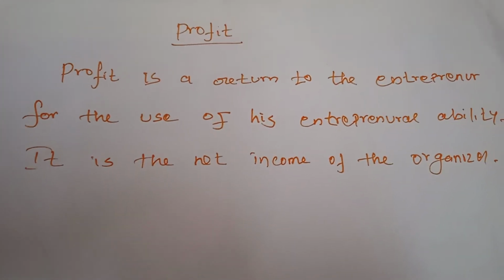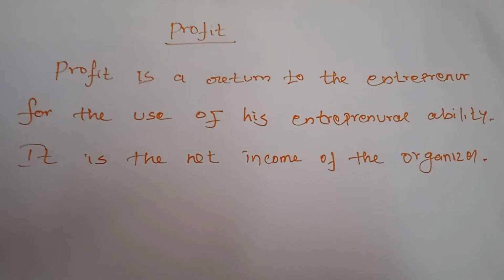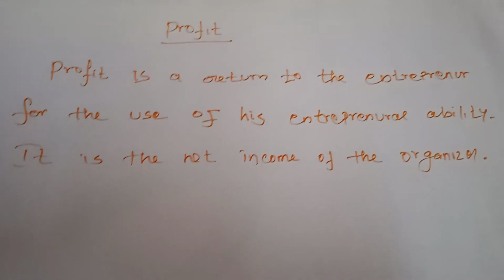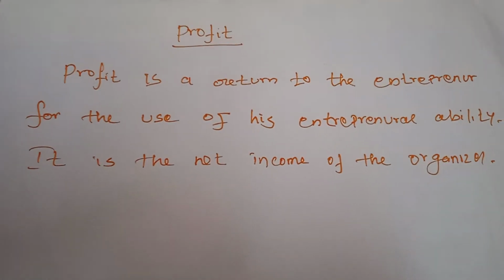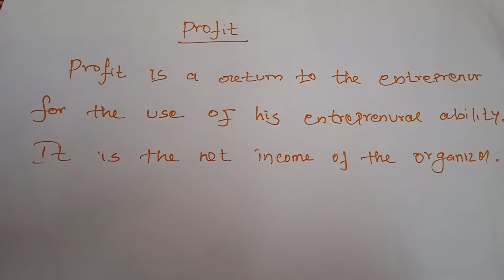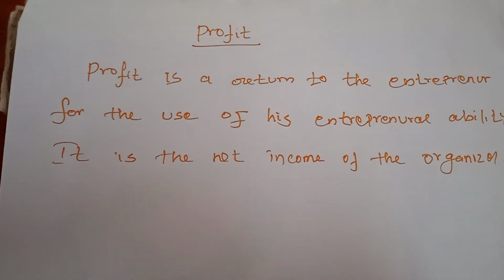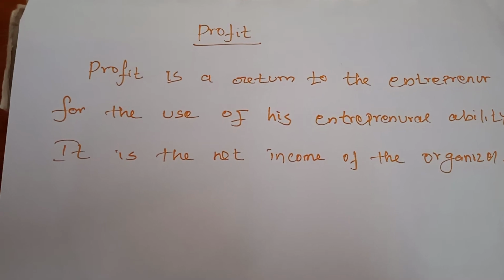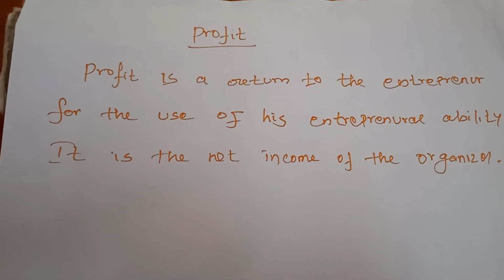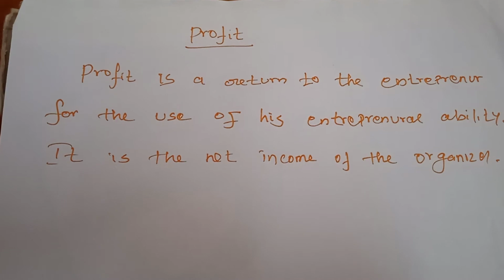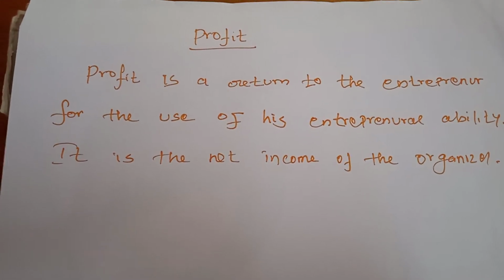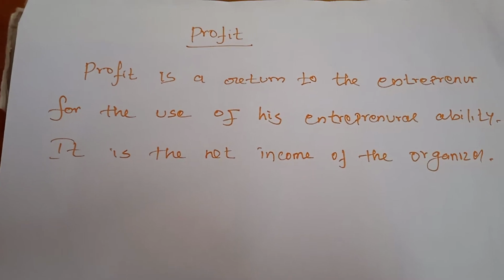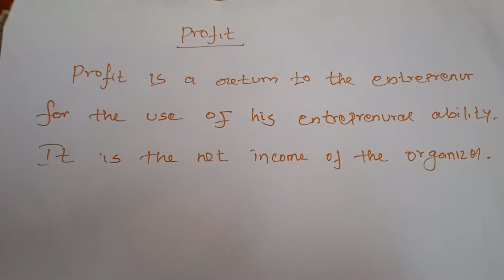The entrepreneur also has to get some reward for conducting the business organization and taking some efforts. The entrepreneur coordinates the other three factors of production: land, labor, and capital. So the entrepreneur also has the right to get a reward for the services in the form of profit.